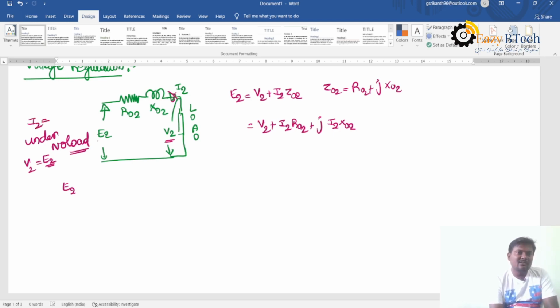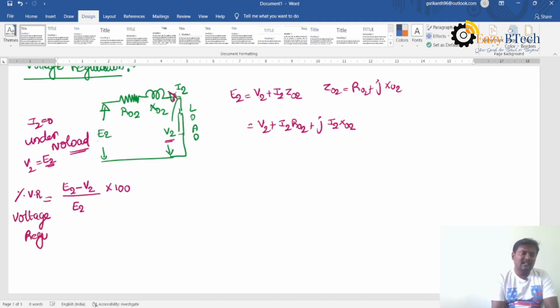Minus the secondary terminal voltage V2 under full load condition, expressed as a percentage fraction of the no load secondary terminal voltage, multiplied by 100. This is called voltage regulation.